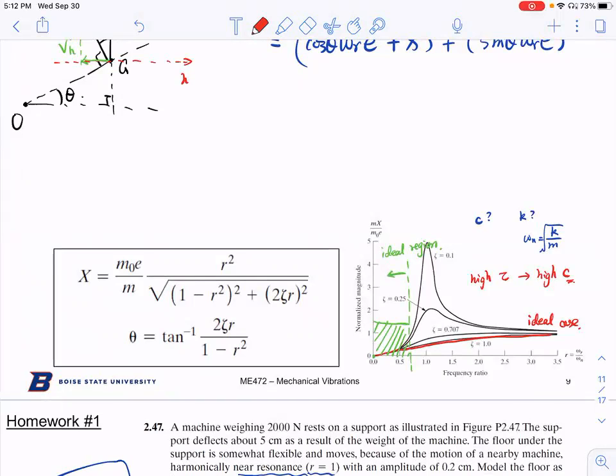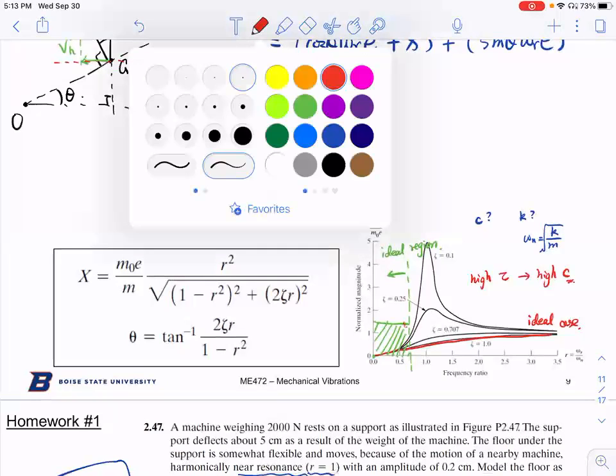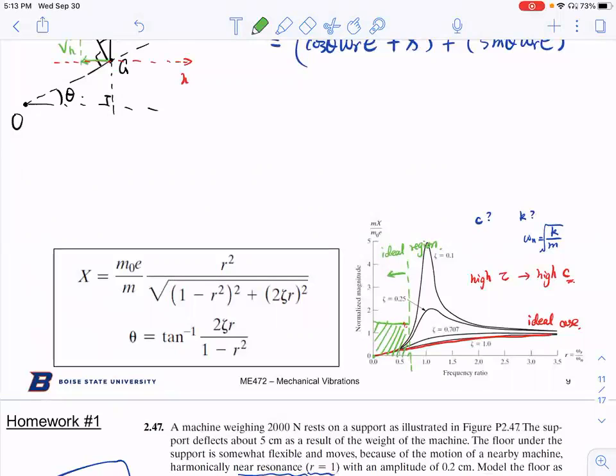The other part is, if you want to operate in the ideal region, that means you want your R to be small. Remember that your R is omega over omega n. In this case, it is omega r. So that means you want your bucket to rotate at a relatively low speed, or you want your omega n to be large. How to achieve that?